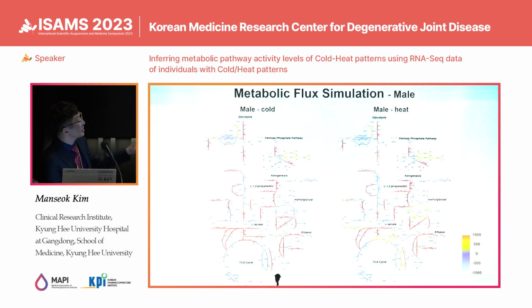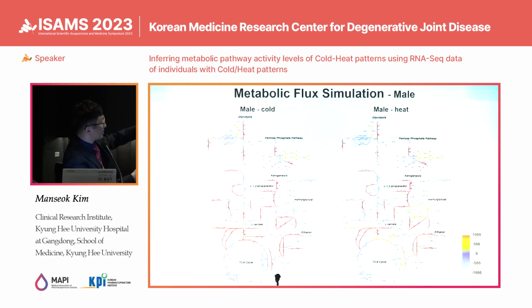This one is an example for carbohydrate metabolism. Here you can see glycolysis, TCA cycle, pentose phosphate, pyruvate metabolism. If you compare cold and heat, by the way, in this simulation we can estimate the activation level of all the known metabolic reactions.